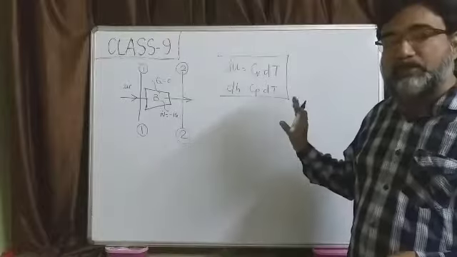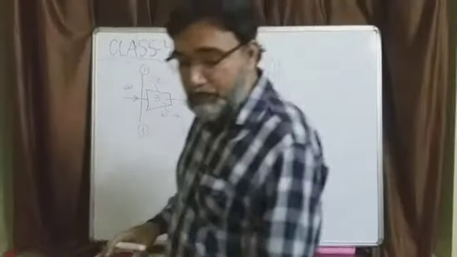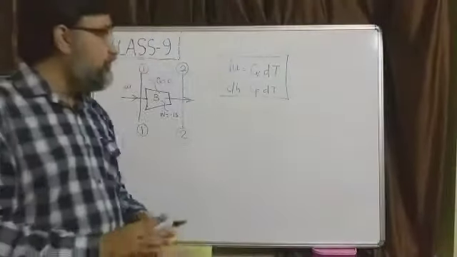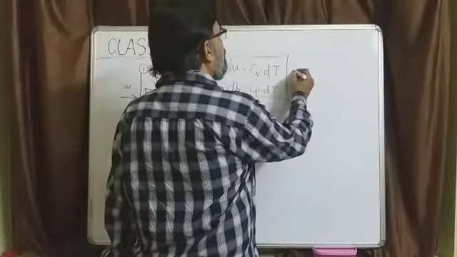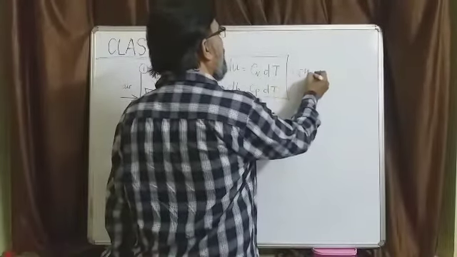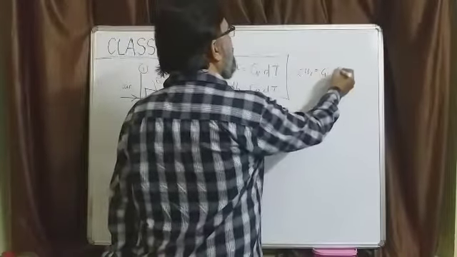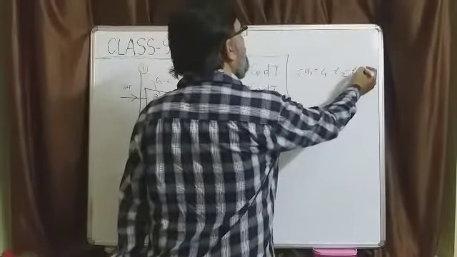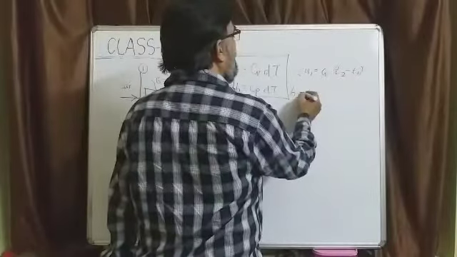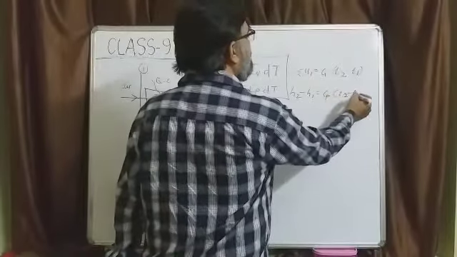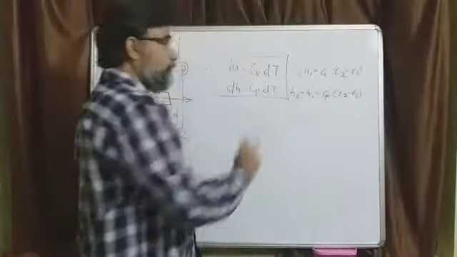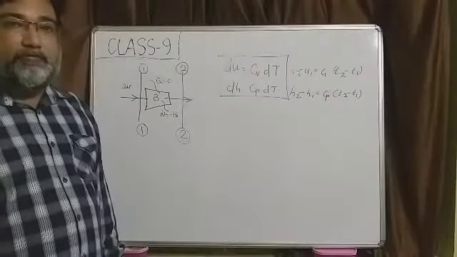But for the time being, just remember du is equal to Cv dT and dH is equal to Cp dT. It means U2 minus U1 is Cv (T2 minus T1) and H2 minus H1 is Cp (T2 minus T1). You have to understand the meaning of this.